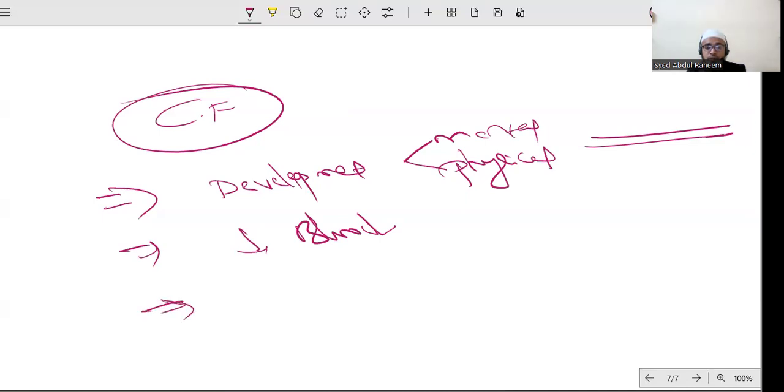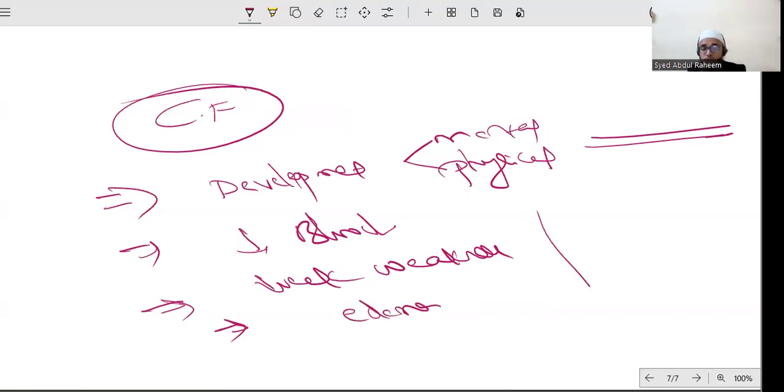Okay, and brittle bones, weak bones due to the deficiency of calcium and phosphorus, edema due to the deficiency of protein, cramps, and the patient is pale in color.